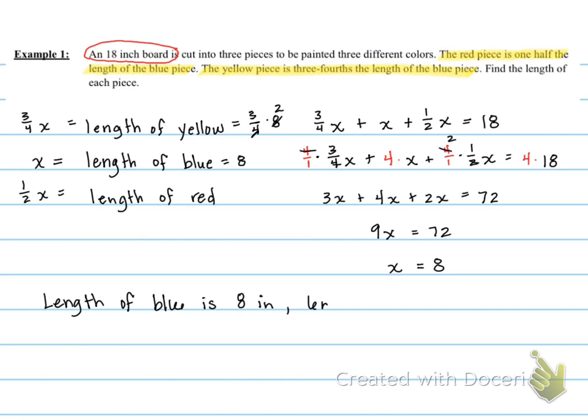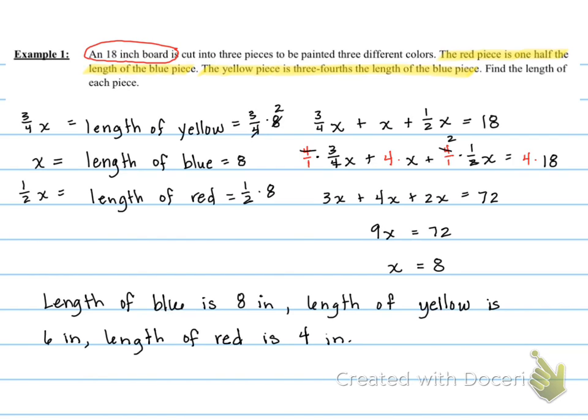So length of yellow is 6 inches, and then the length of the red piece is 1/2 times 8. So again, multiplying by 1/2 is just the same as dividing by 2, so that's going to give us 4.